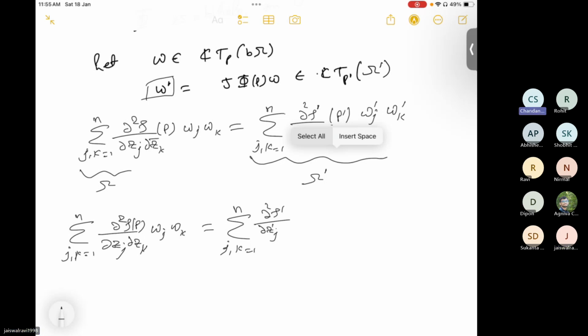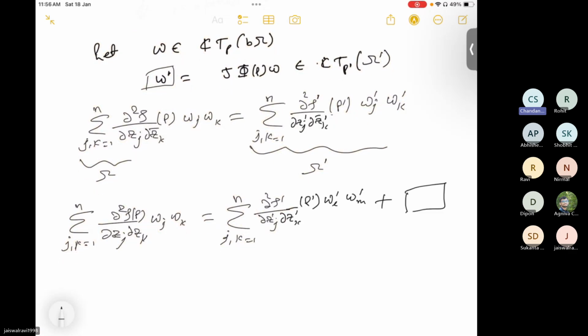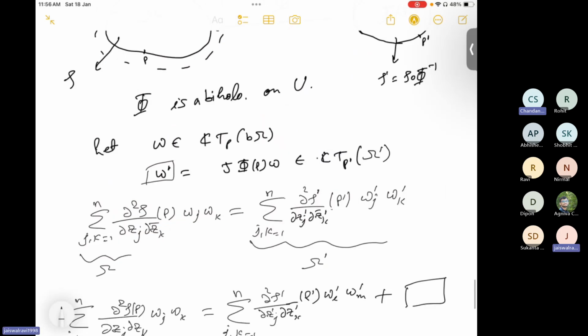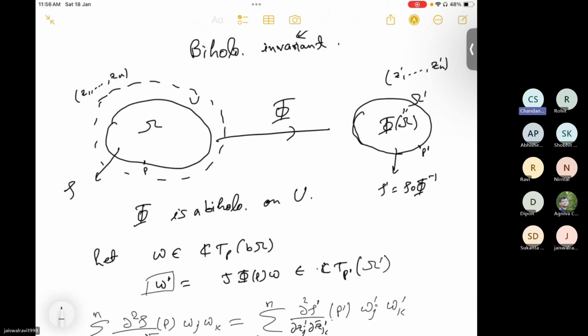Since the way you define this rho prime, rho prime is basically rho composed with phi inverse, but to define a boundary defining function we need smoothness. This rho prime should be smooth on some local neighborhood of omega. Good question.